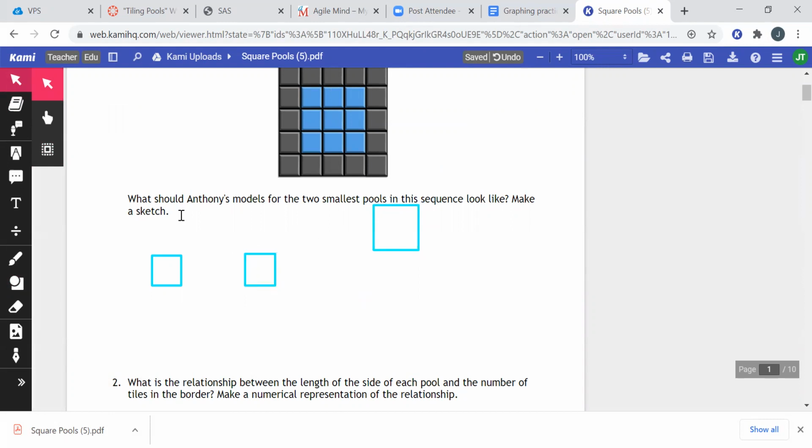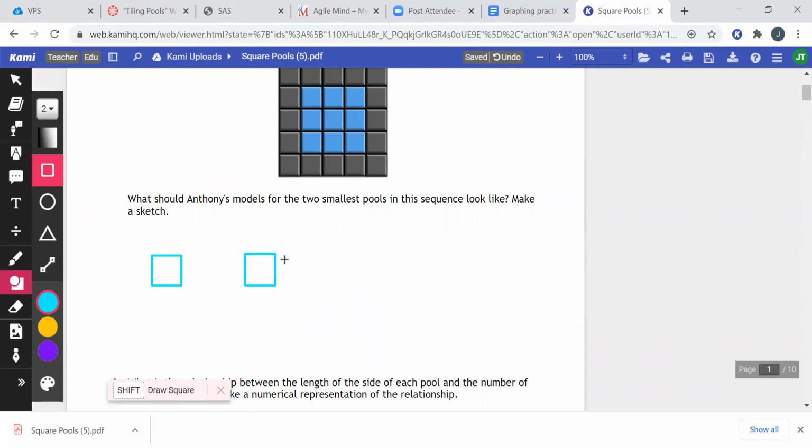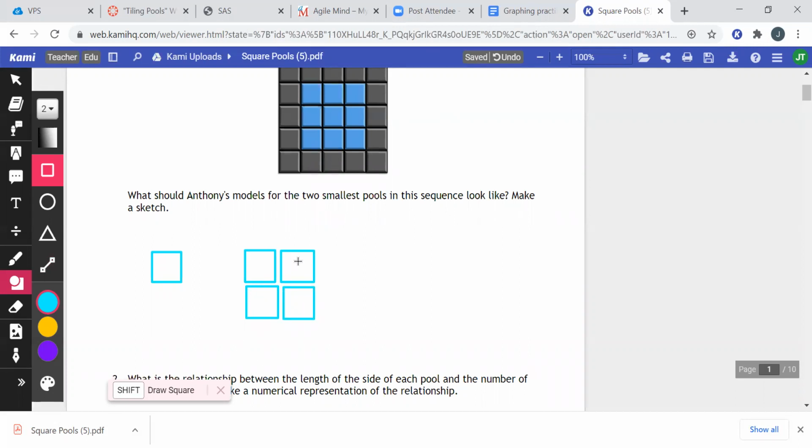It won't let me move them. That's really annoying. Okay, well, we're not trying to work that hard. And we have our 4 square foot pool. So those are the two smaller ones.